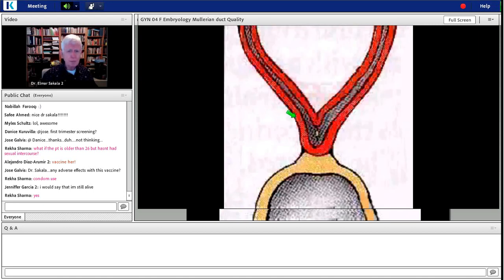The next thing that's going to happen is we're going to see the cervix develop here, and the proximal vagina will come here. See, the vagina is derived from the Mullerian system proximally and the urogenital sinus distally. So watch carefully.